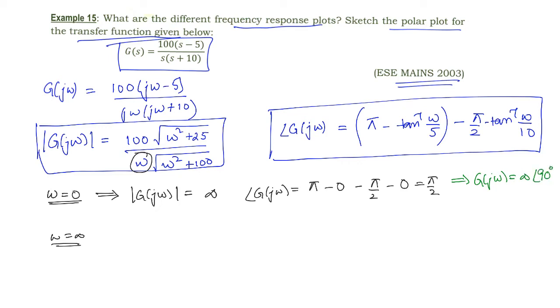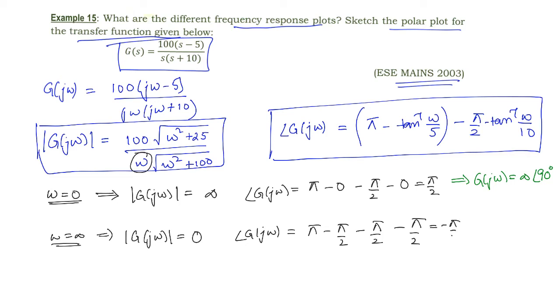And for omega equal to infinity, you take the limit and mod of g of j omega will be 0, and the angle will be pi minus pi by 2 minus pi by 2 minus pi by 2, so this will be minus pi by 2.